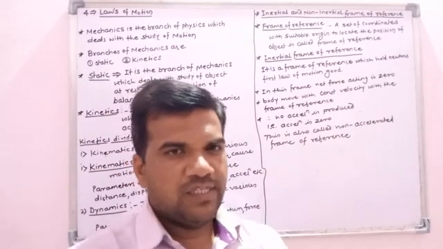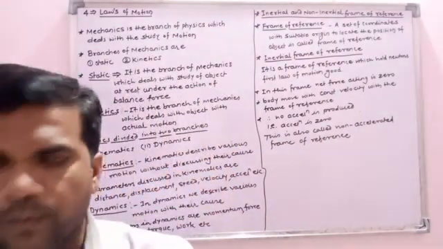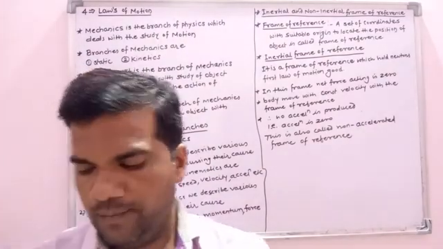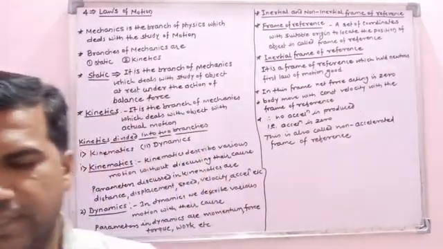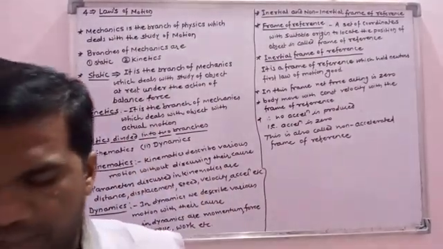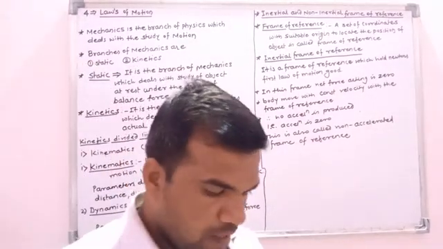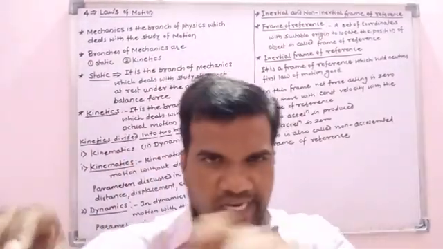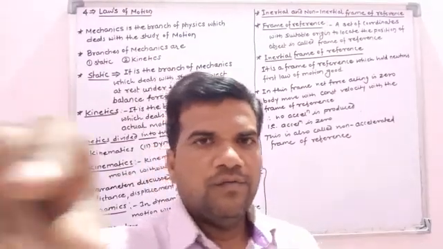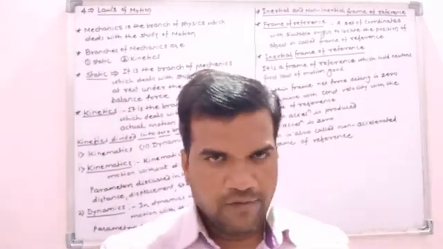We can explain it with a simple example. Suppose I am standing on a platform at a railway station, or consider yourself standing on a railway platform or bus stand. Now a train along with passengers is moving away from the station, and I am standing on the platform.